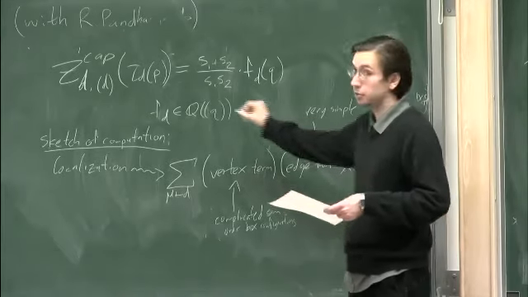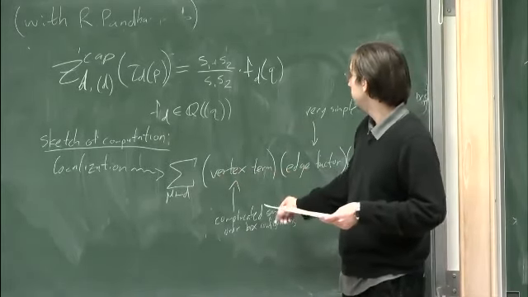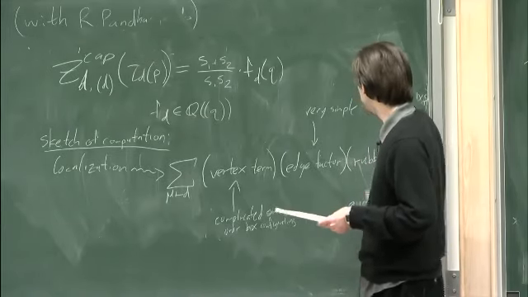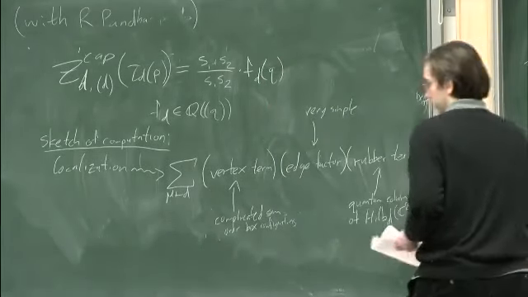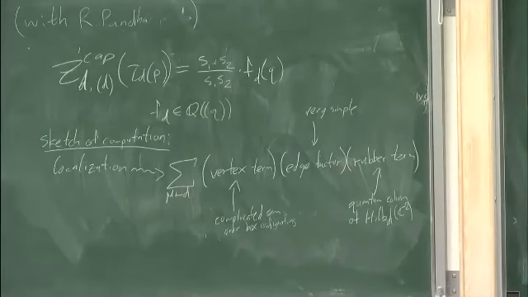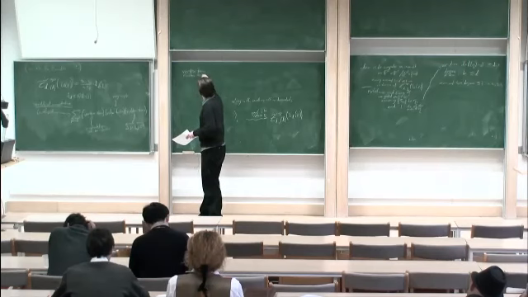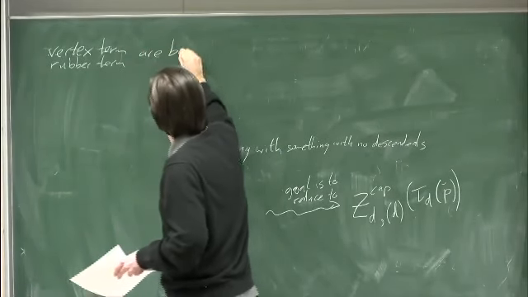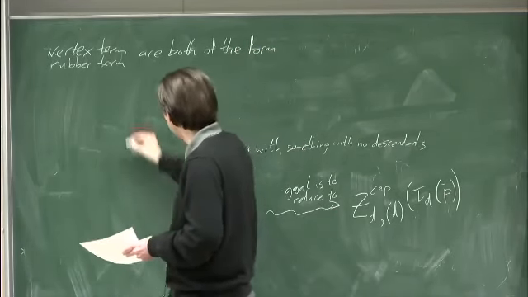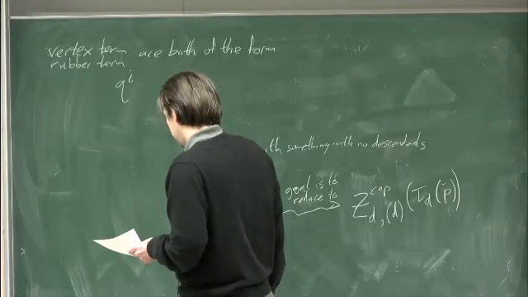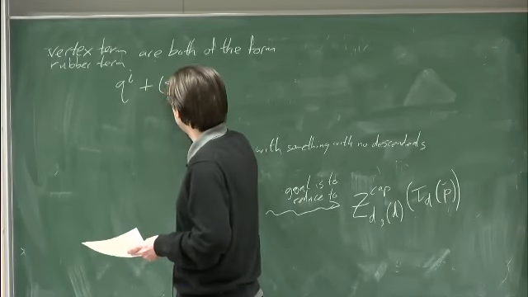But the way in which one can actually carry out this computation without too much trouble is by noting that the vertex term and the rubber term both are of the form, I'll write it here, you have some leading term which is just q to the i, and then all the terms after that are divisible by S1 plus S2.